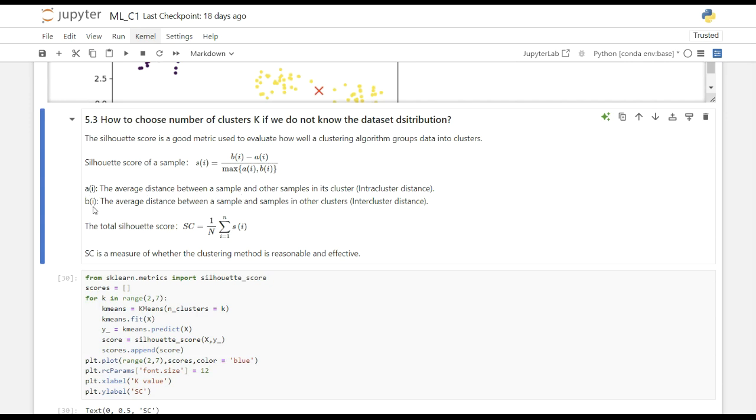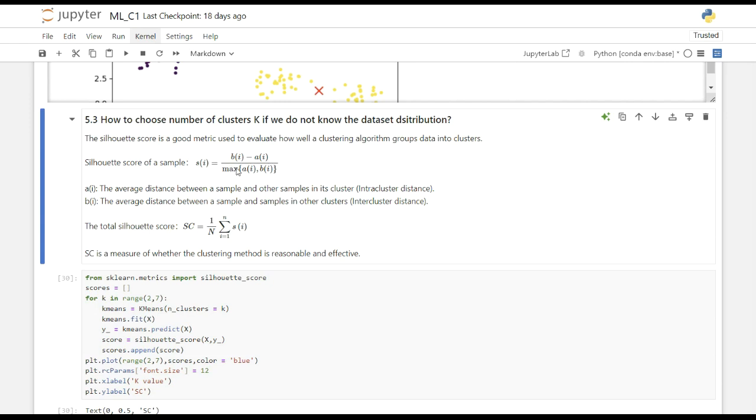So we use bi minus ai. It also means inter-cluster distance minus intra-cluster distance. And in this part, we need the biggest number between ai and bi. So in that case, the si score, I believe, ranges from 0 to 1.